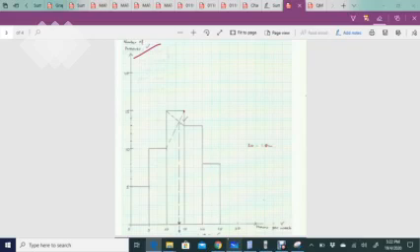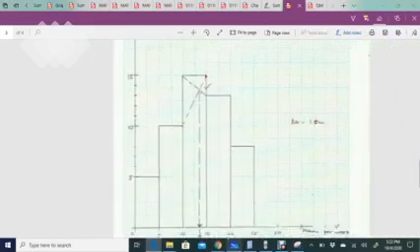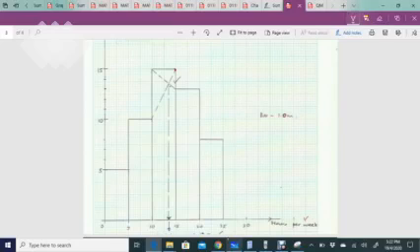Now to estimate the modal value. Please listen carefully. You take the highest bar, because highest bar means highest frequency, and mode refers to highest frequency. So you draw the cross from the junction to the other end. The cross is dotted, please.